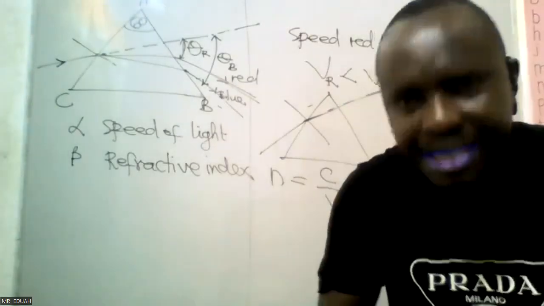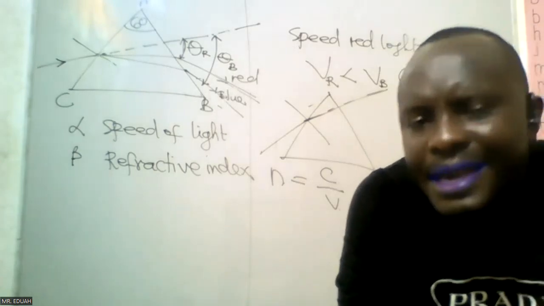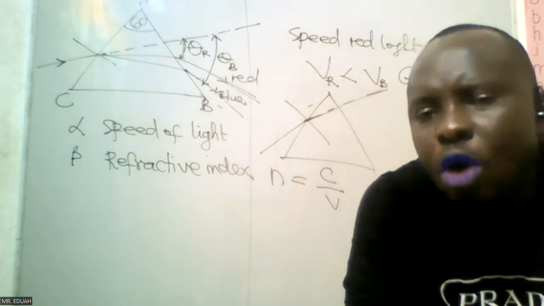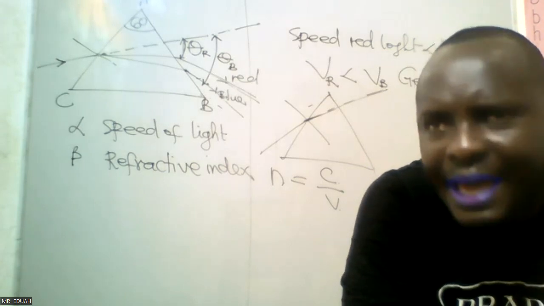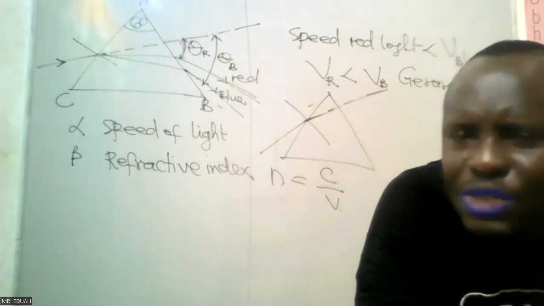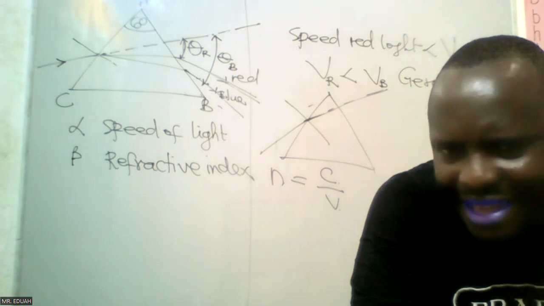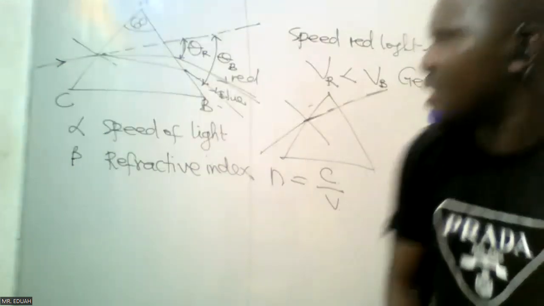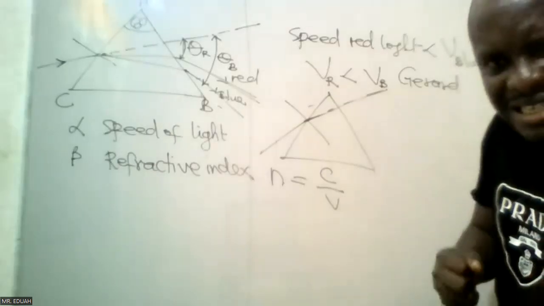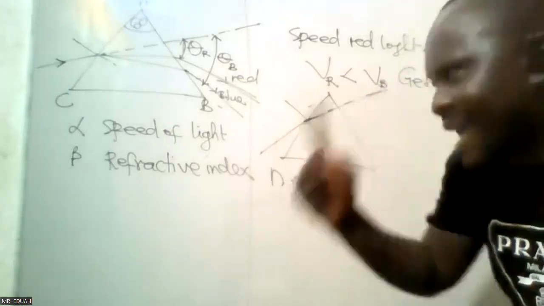Before Kezia answers, you see, the refractive index of a material is the ability of the material to deviate light compared to air. The absolute refractive index of a material is that material's ability to deviate light when passed through it compared to the deviation by air.